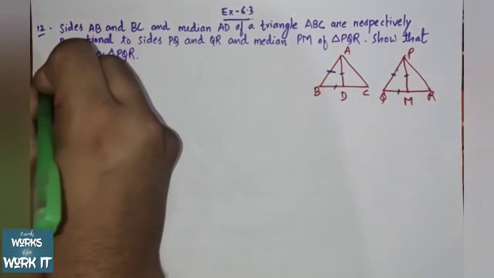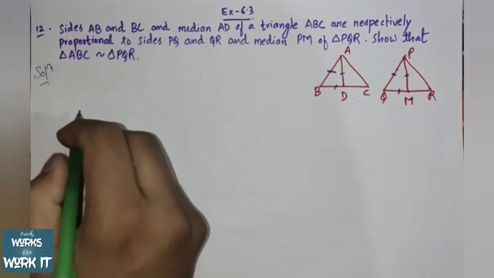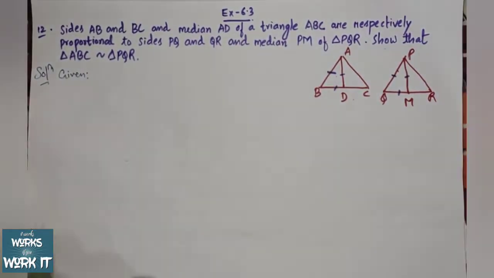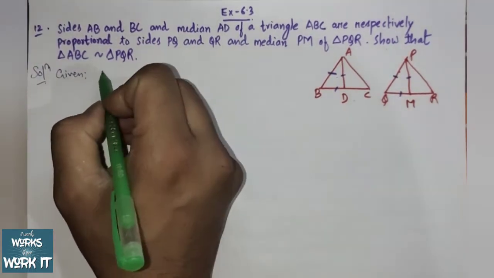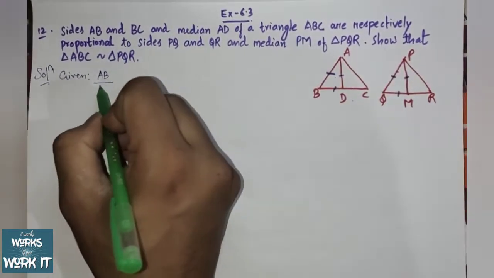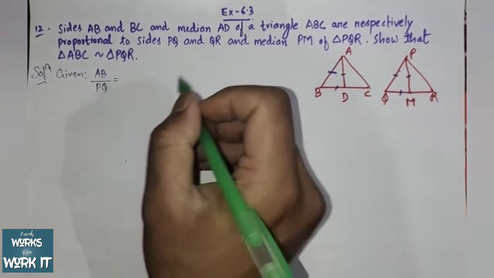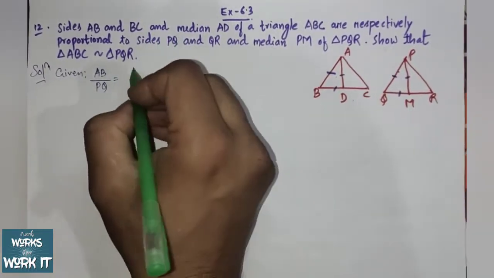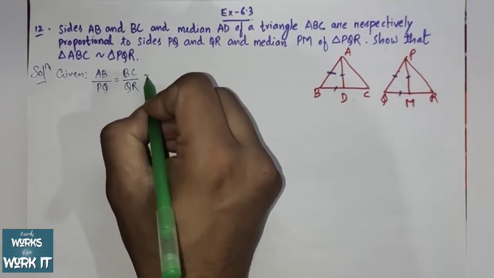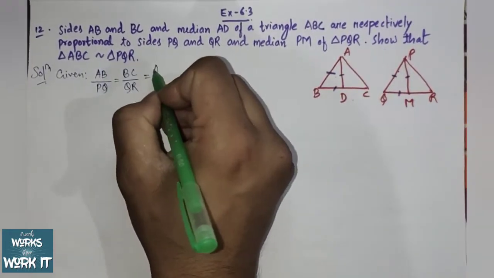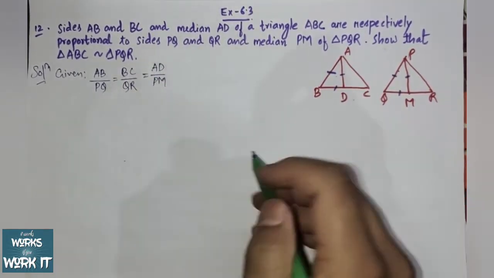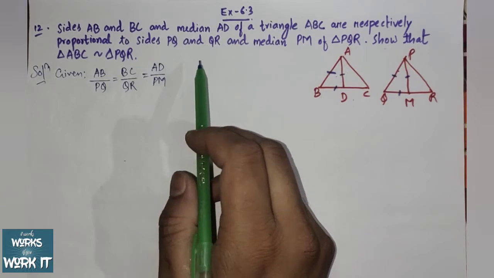First, we will write the given: AB by PQ, then BC by QR, and then AD by PM. So they are proportional, as given in the question.